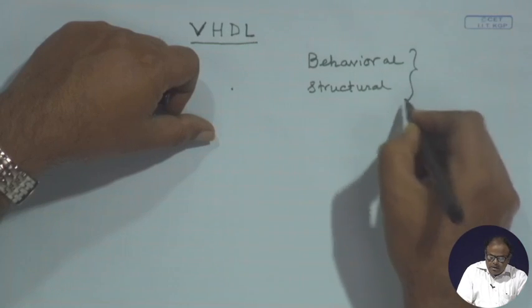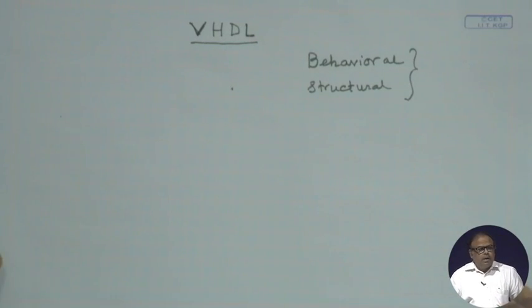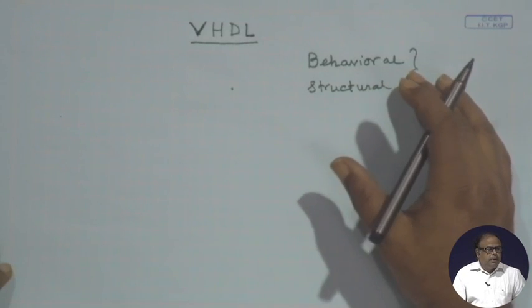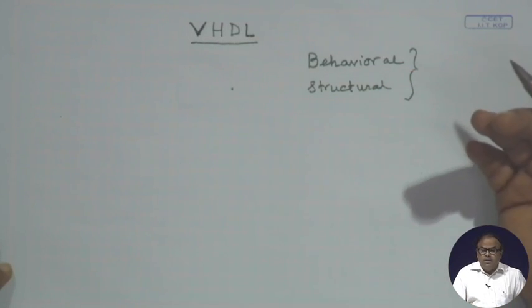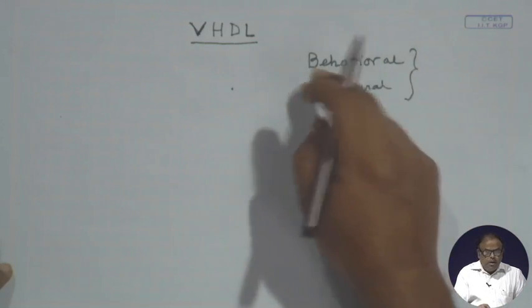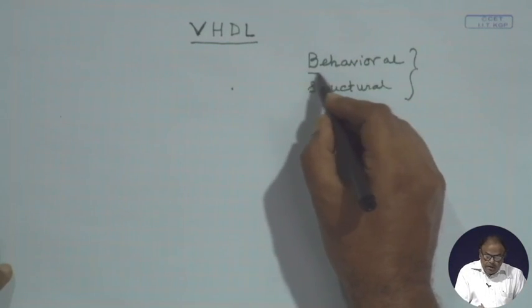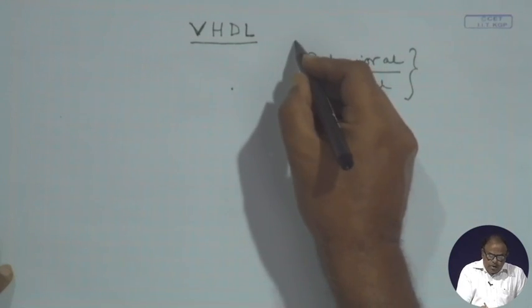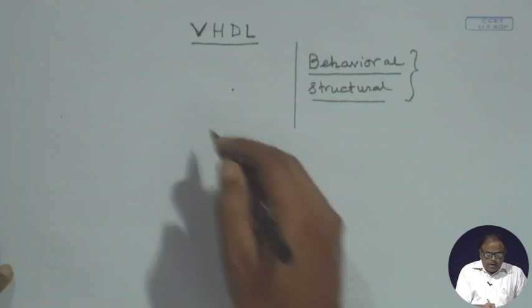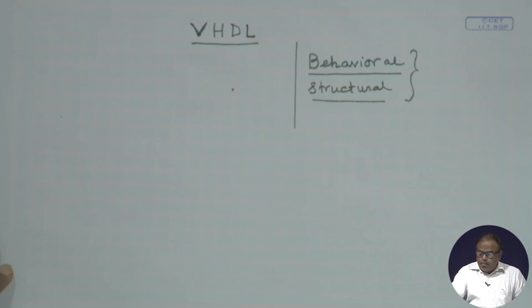So, I can describe a circuit or a design intent, what I want a circuit to do, either at the behavioral level or at the structural level. Okay. Today, let us start with some descriptions of the behavioral level.